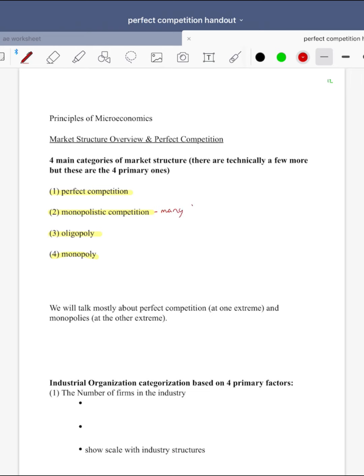When we talk about monopolistic competition, this means that there are many firms that sell differentiated products.